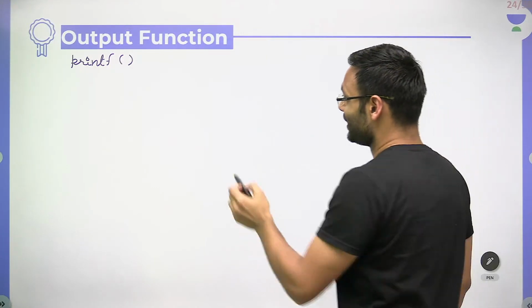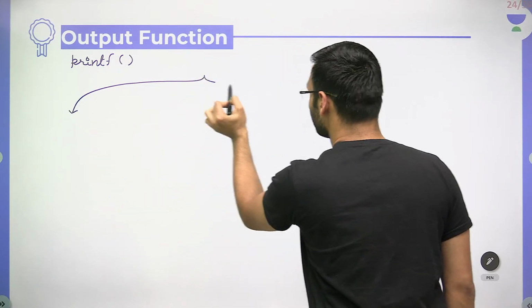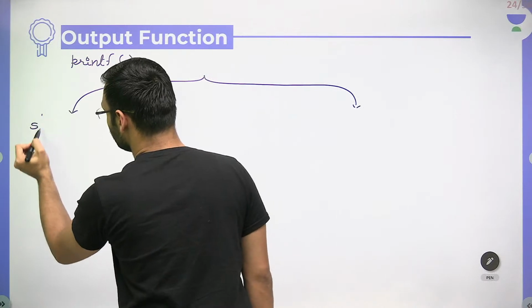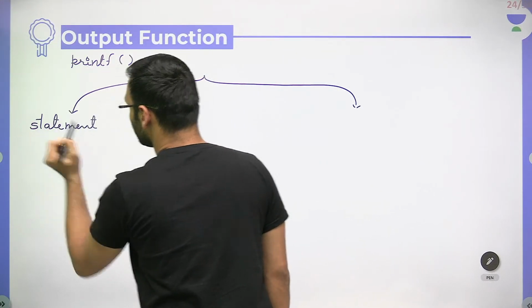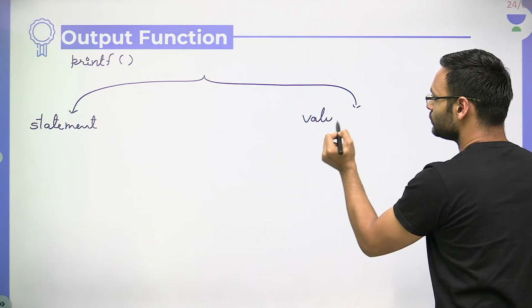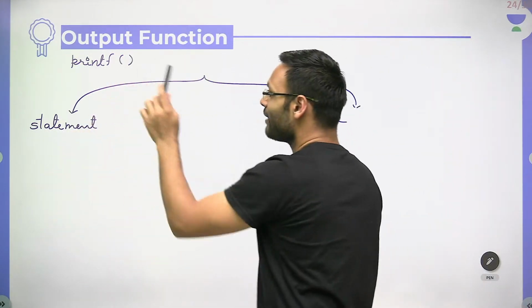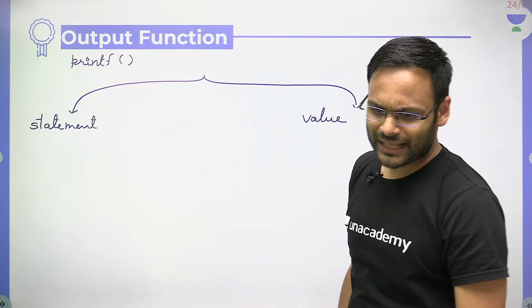Two types of output I can take from the program. One is I just want to print some statement as it is, or I just want to print some value. If I want to print a statement, then I will directly provide that statement in double quotes in the printf statement. That's it.